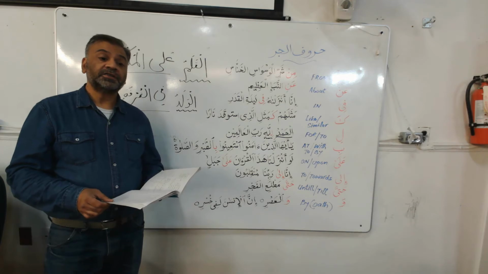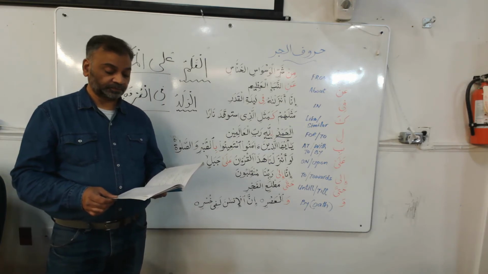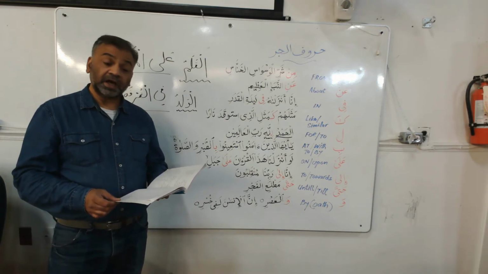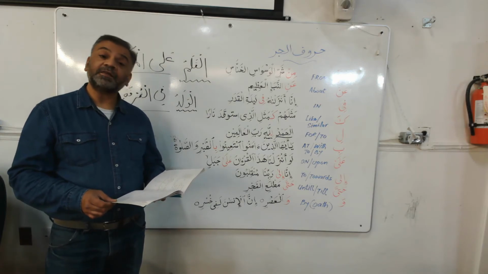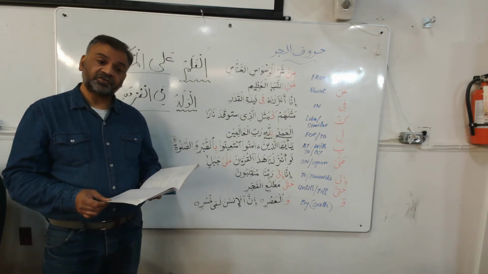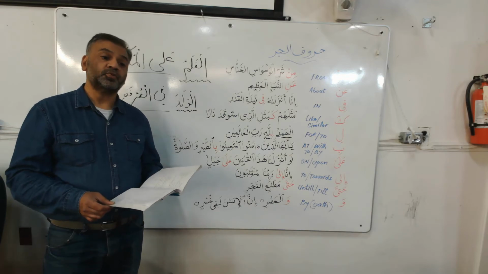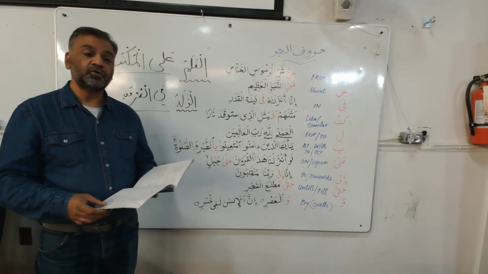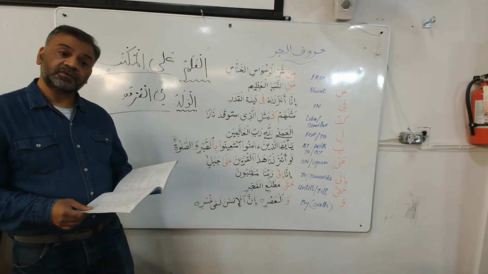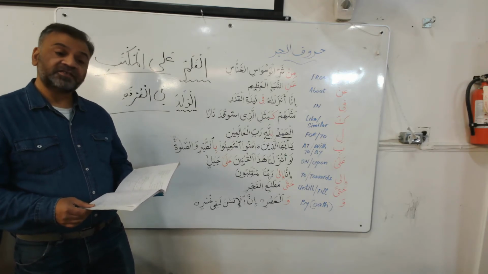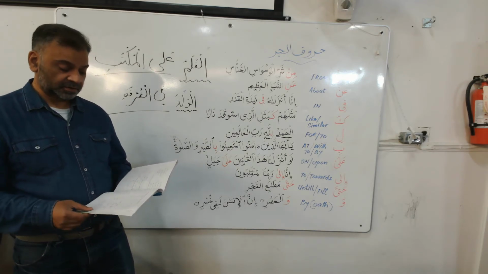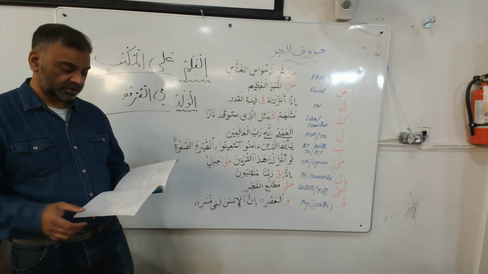Al-kalimatul jadidatu. Al-qamaru, what does that mean? The moon. Jadidun, new, write it down. Qadimun, old. Wasikhun, dirty. Nazifun, clean. Harun, hot.